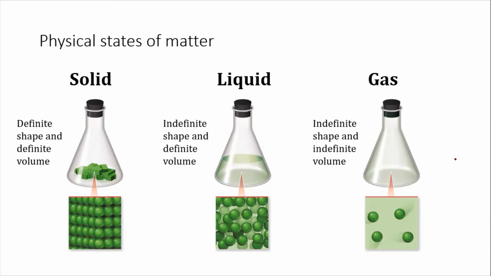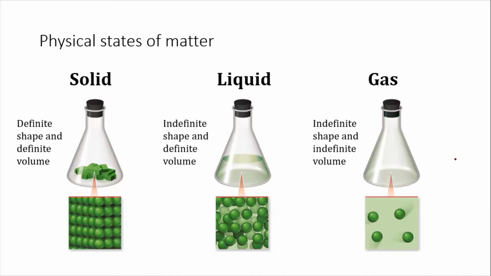A liquid has indefinite shape, meaning it will form to whatever shape container you put it in, but its volume will stay the same. And then gases have both indefinite shape, so they'll take on the shape of any container you put them in, and they have indefinite volume. And this means that the gas molecules are going to spread out as much as they can to fill up whatever container you put them in.